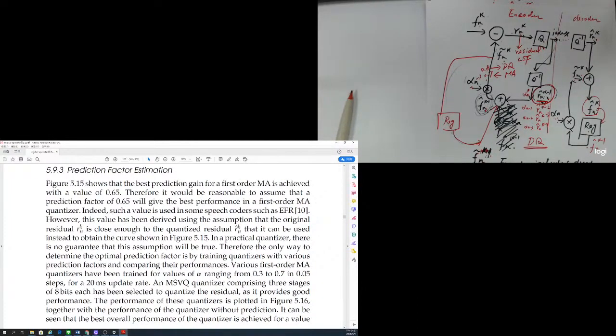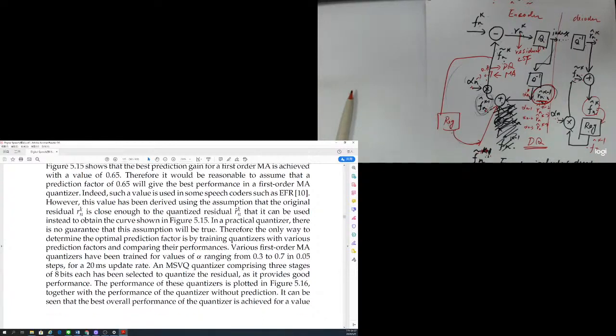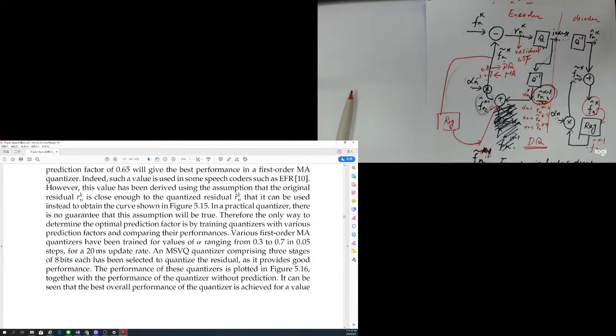However, if we consider multiple stage vector quantization, what would happen? Various first order predictors have been trained for different values, and we also propose multiple stage vector quantization including 3 stages. Each stage is selected to quantize the residue and provide good performance.